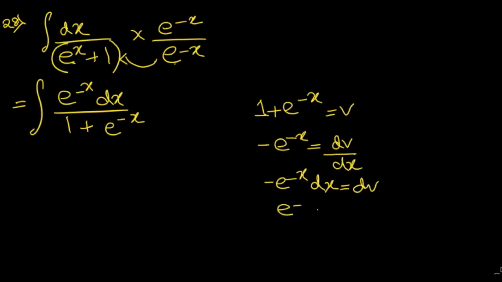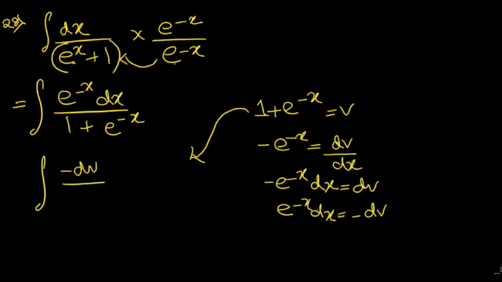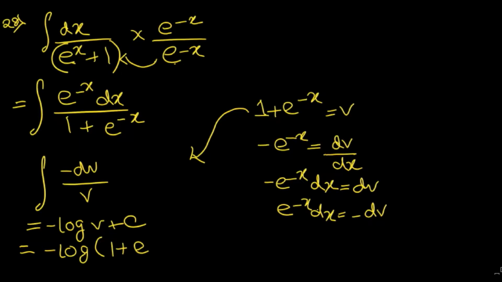So e to the power minus x dx gives minus dv, and 1 plus e to the power minus x is v. On substituting back into the sum, that is minus dv by v, which gives minus log v plus c, and placing the values, minus log of 1 plus e to the power minus x plus c. This is the answer.